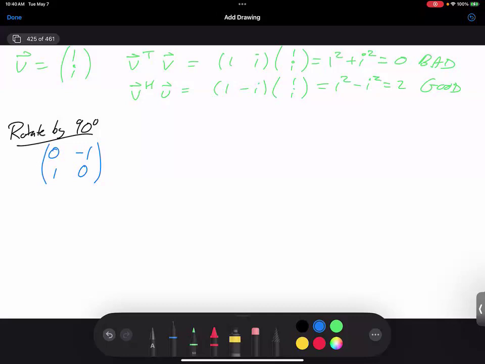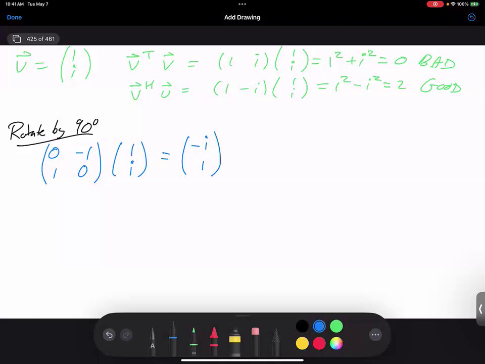Using the method of divine inspiration, I'm going to apply that to the vector (1, i). And let's see what I get. I'll get (minus i, 1). Okay, how can I get from 1 to minus i? What do I have to multiply 1 by to get to minus i? Minus i. And if I multiply i by minus i, what do I get? 1.